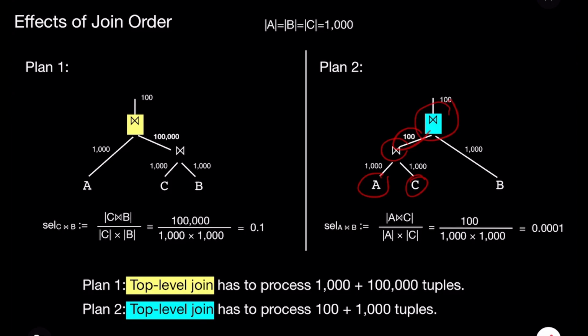Because it's not like here 1,000 plus 100,000, but just on the right side here we have 100 plus 1,000 tuples. Depending on how these input sizes determine the cost of such an operation, it's very likely that that join will run cheaper. And of course, I want to create a plan that is fast. So the question will be, what is the fastest plan?